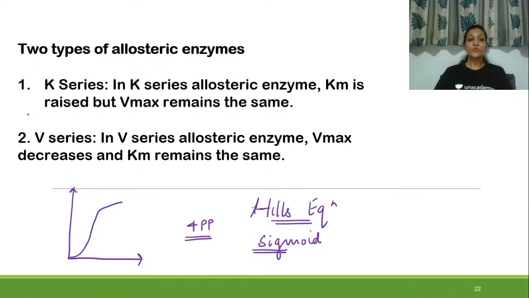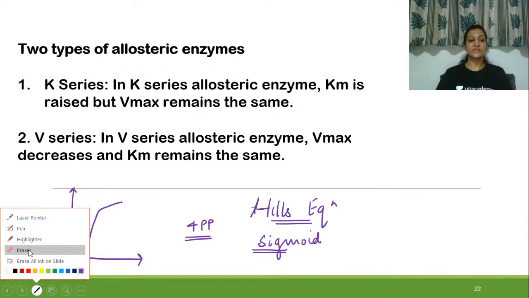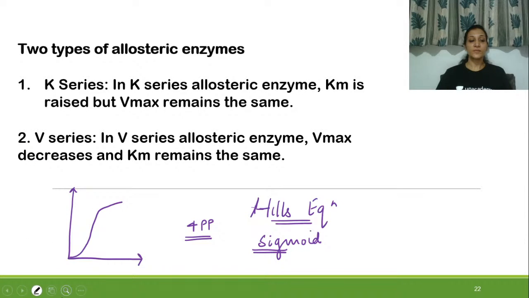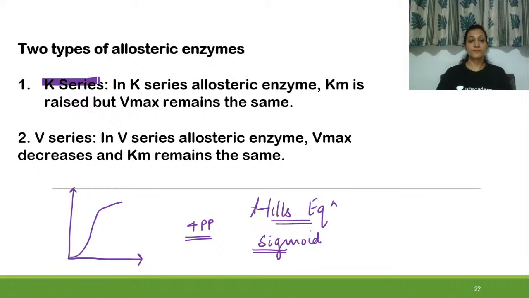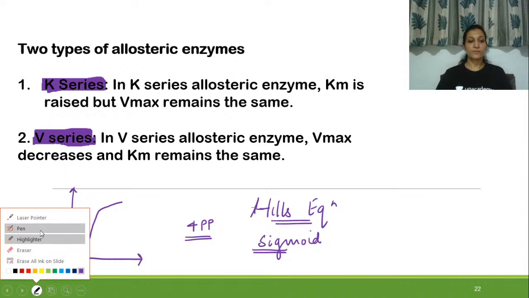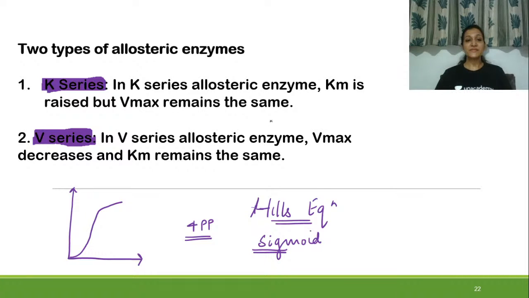Then there are two types of allosteric enzymes, K series and V series. Let's see them in detail. What happens in K series?